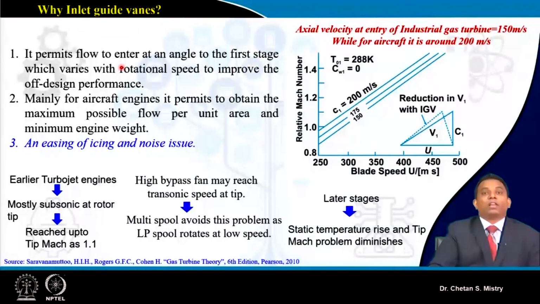They take care of changes in mass flow rate. Okay, these days people have started talking about 6th generation aircraft, that is the variable cycle engine, and particularly these inlet guide vanes are fitted to it. Even in later stages, they are using variable guide vanes. So this is a main requirement.